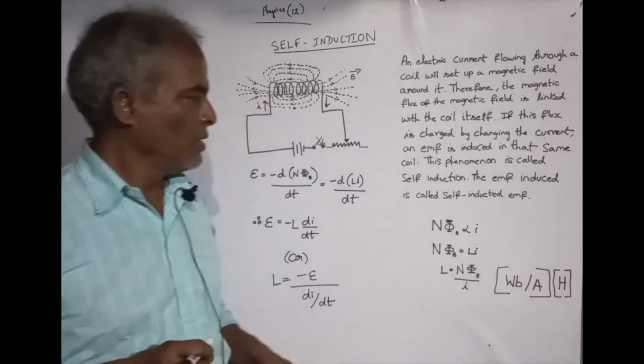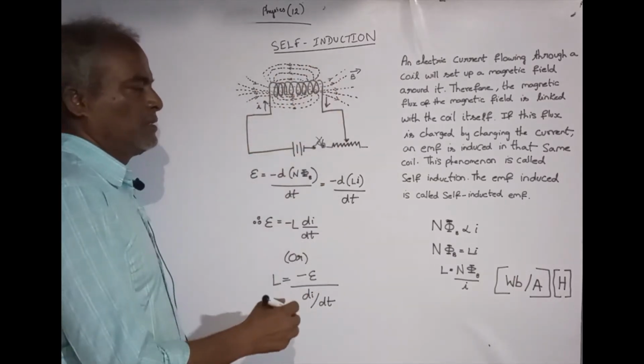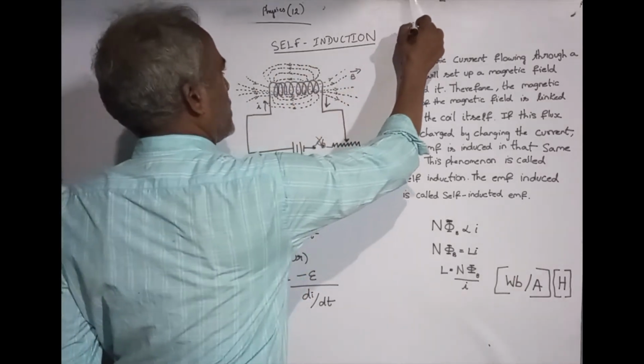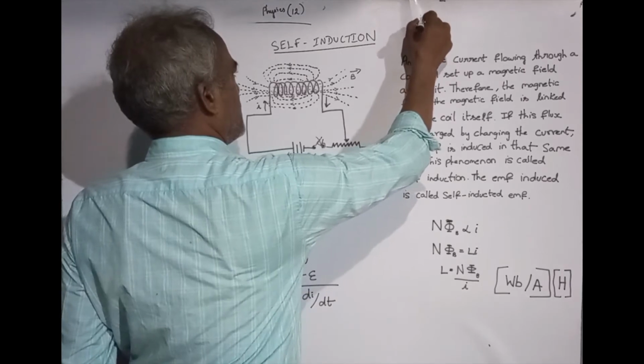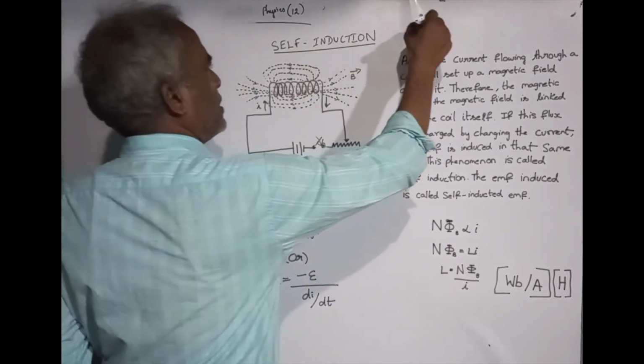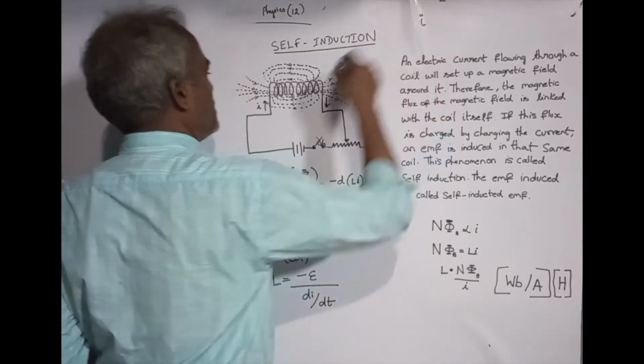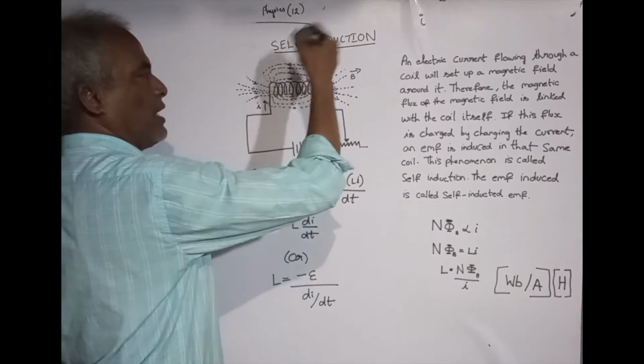Okay. Now, if you see, the flux N phi linked with the coil is directly proportional to the current I flowing, and you have N number of turns.